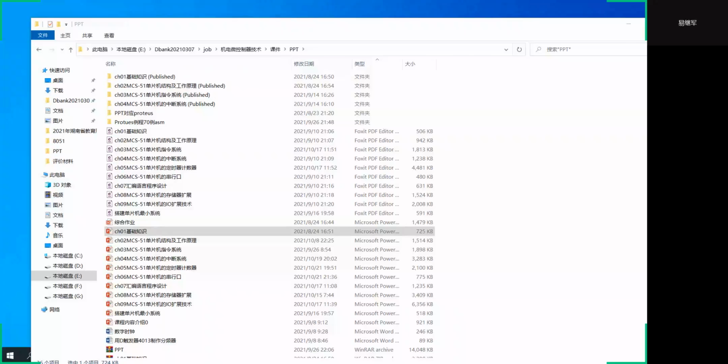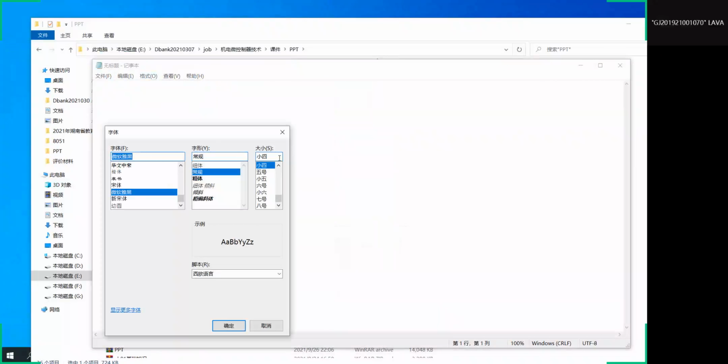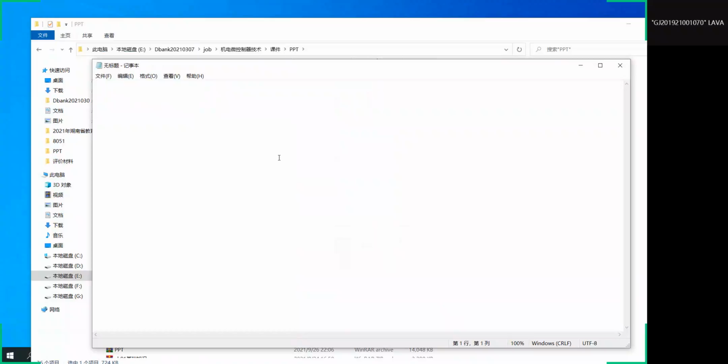Last time I told you about the software. I don't know if you remember this software. We can use software to simulate the microcontroller. You needn't buy any board.